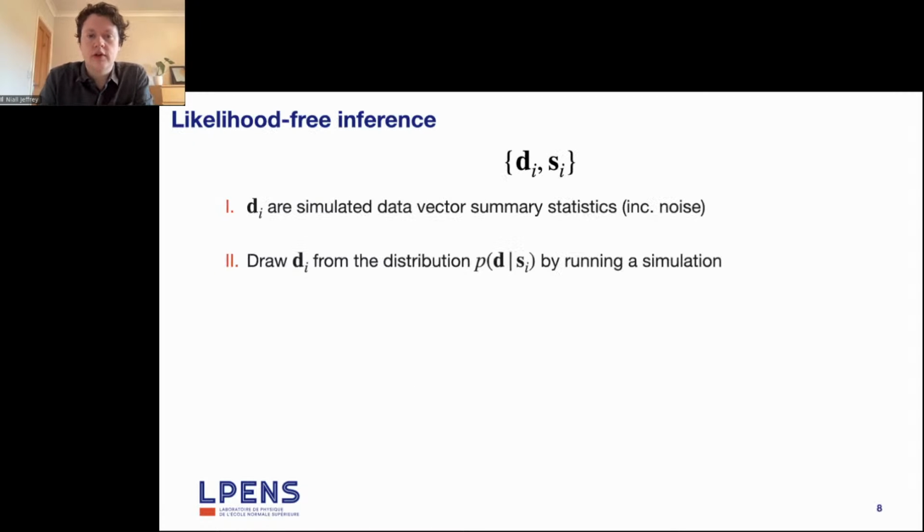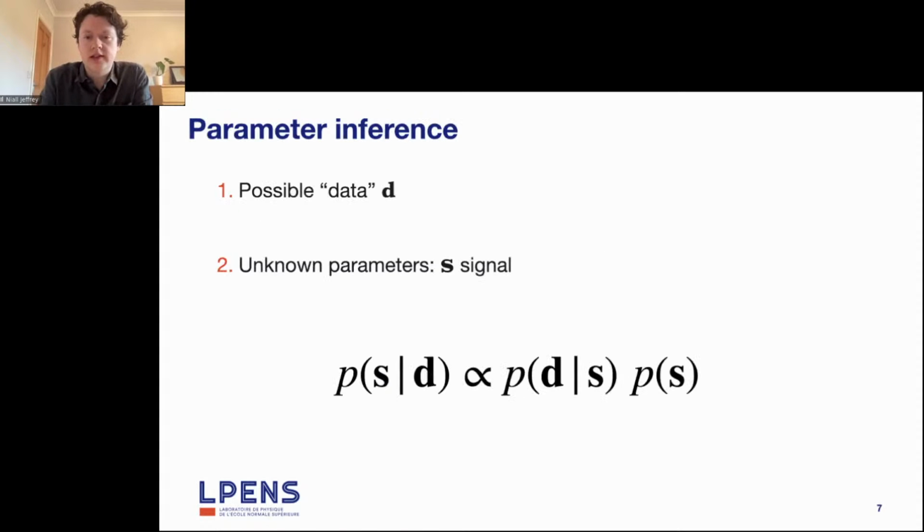So in likelihood-free inference, we don't actually know the form of this likelihood function. Typically people might assume this is Gaussian for all sorts of reasons, but there are many situations where we know this is just not true. So likelihood-free inference doesn't mean we're not thinking of the concept of a likelihood. It's more that we don't know how to write down analytically the form for the likelihood. In this case, for the CMB foregrounds, it's extremely non-Gaussian, and we don't know a priori what the form of that likelihood is.